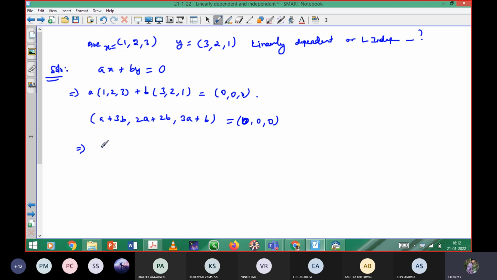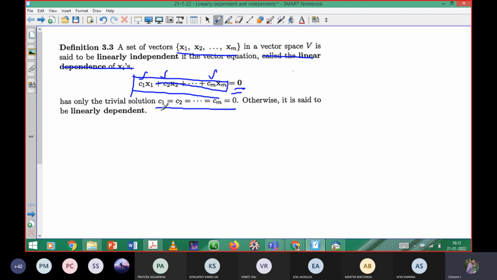Further I can write that as a plus 3b equal to 0, 2a plus 2b equal to 0, 3a plus b equal to 0. So here I need to check the condition of whether all the coefficients must be equal to 0 or not.